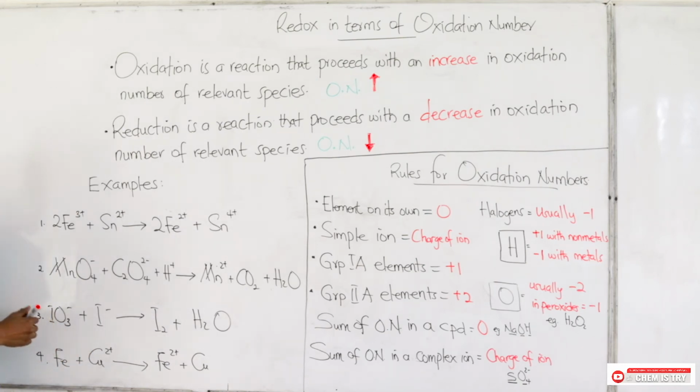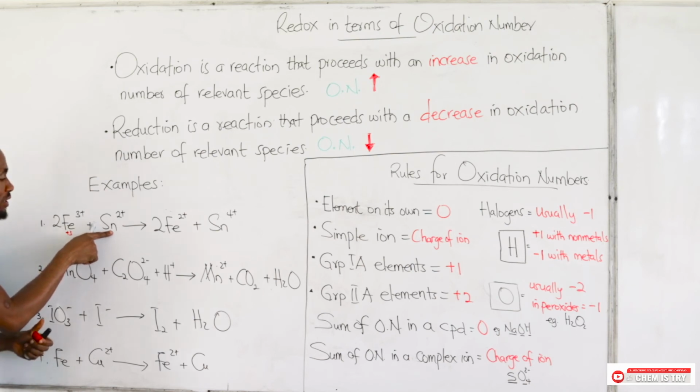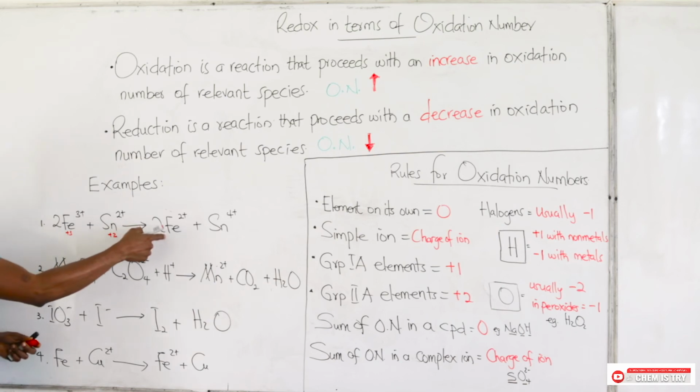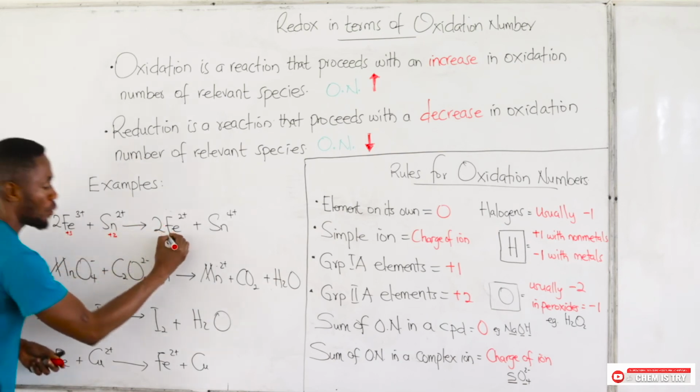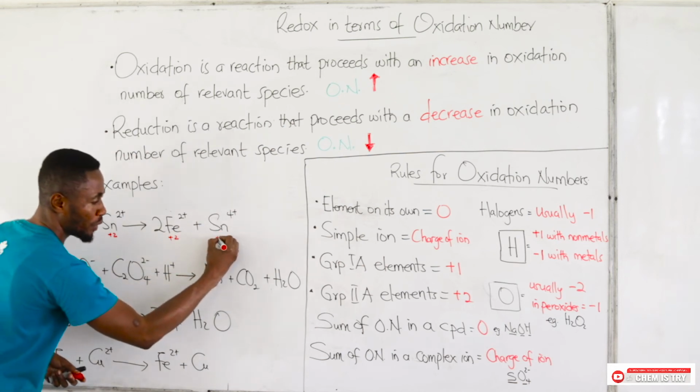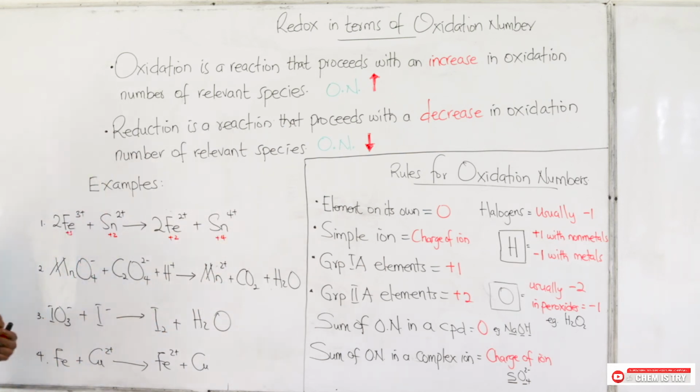So the oxidation number for iron 3 will be +3, the charge carried by the ion. This one too is a simple ion. Its oxidation number will be +2. That one is a simple ion, +2. A simple ion, +4. Very easy. Now let's compare.